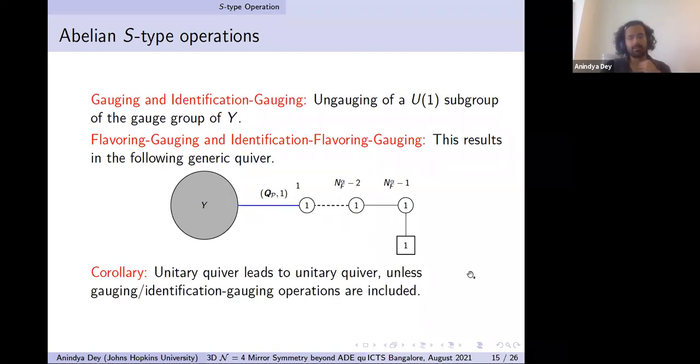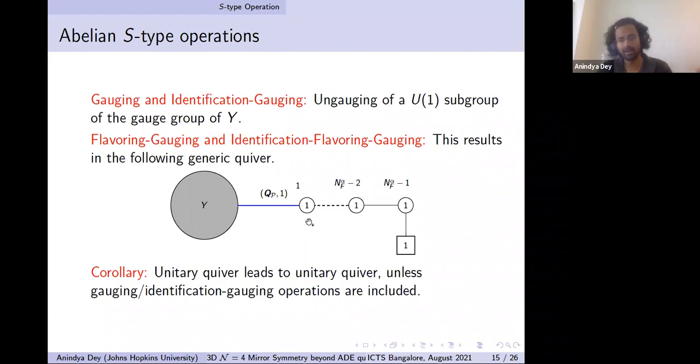An additional thing that you learn from this is that if you start with a pair of unitary theories, which means that your quiver gauge theory has unitary gauge groups, then a unitary theory will always lead to a unitary theory, unless you have some gauging or identification gauging operation. Note that in the flavor gauging or the identification flavor gauging, there is no overall gauging of U1.